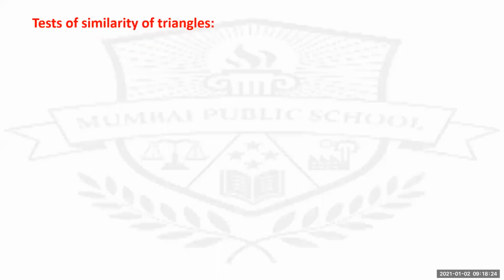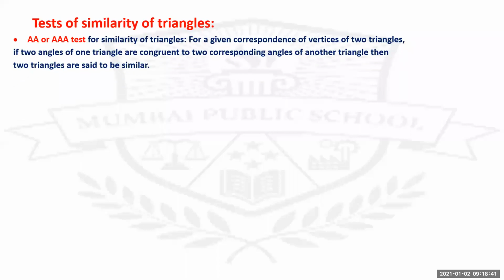Next is the test of similarity of triangles. This you are doing since standard 8. Understood? How many tests of similarity of triangles are there? Check, the first important test is the angle test for similarity of triangles.